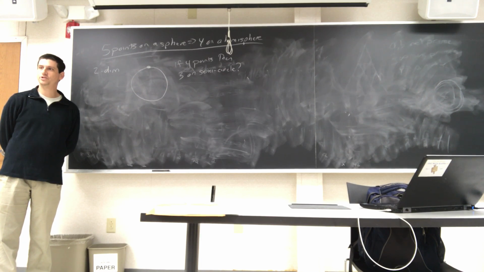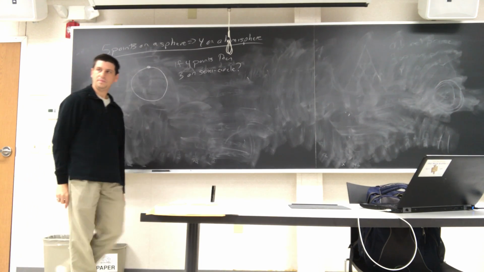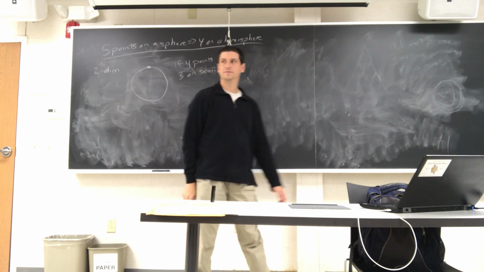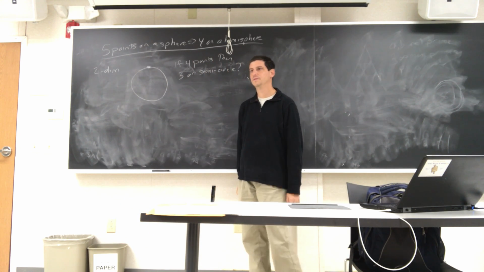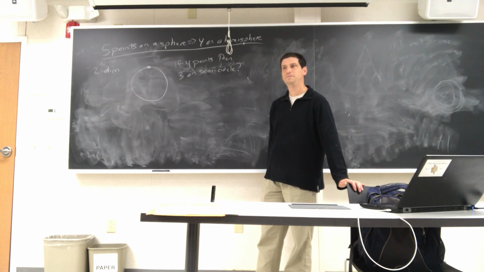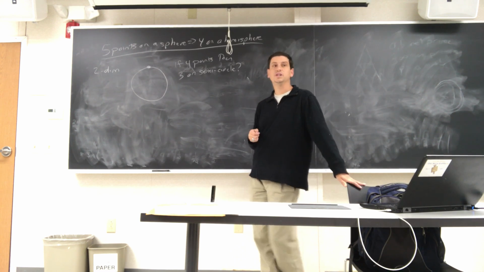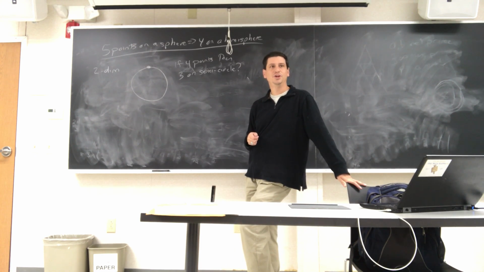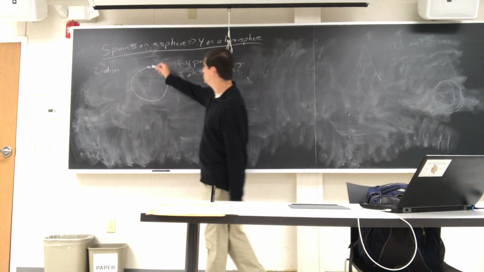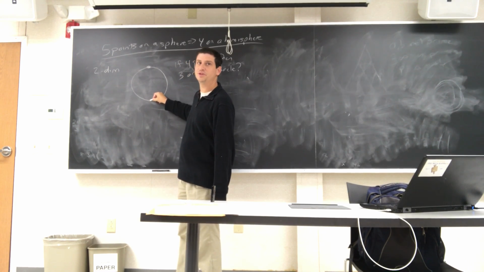Is it possible to have 2 points not on a semicircle? No. Yeah, so with 2 points, we're clearly going to have 2 points on a semicircle, no matter where you put it. Even if it's directly underneath, that will still be on the semicircle.